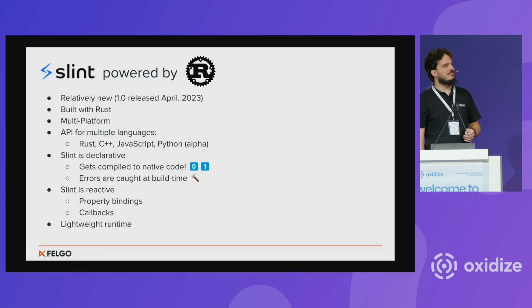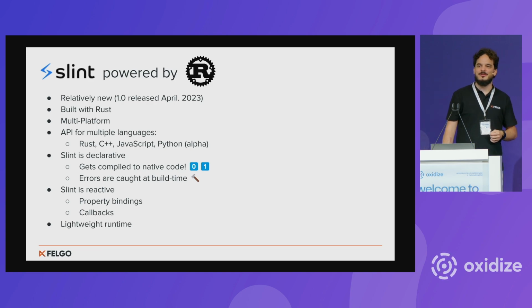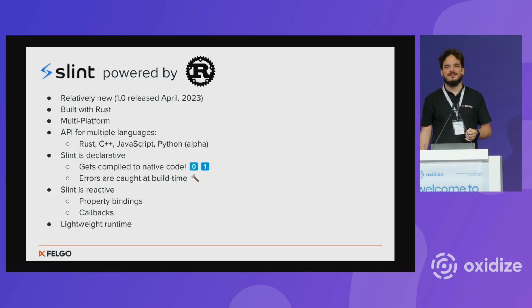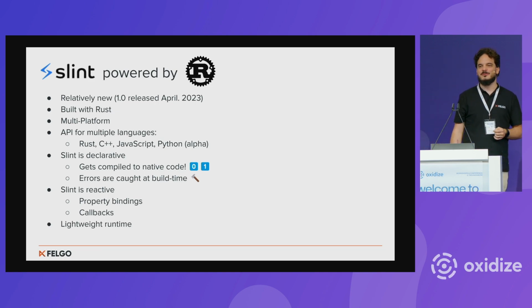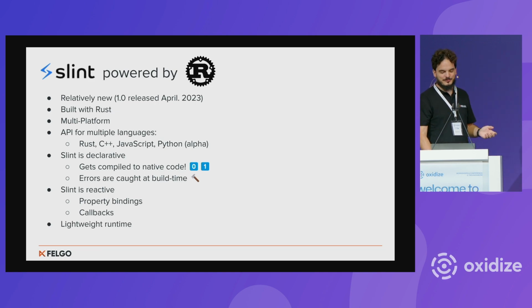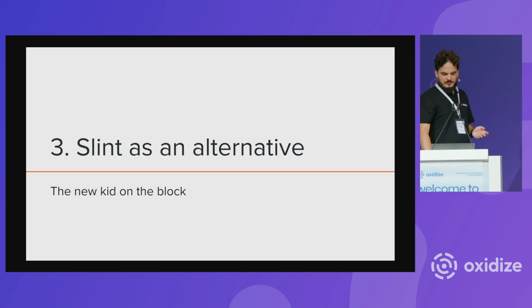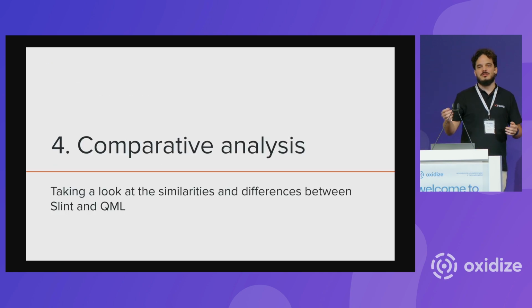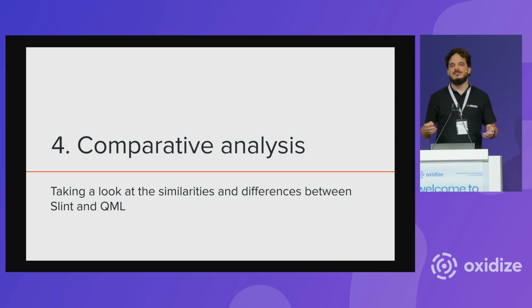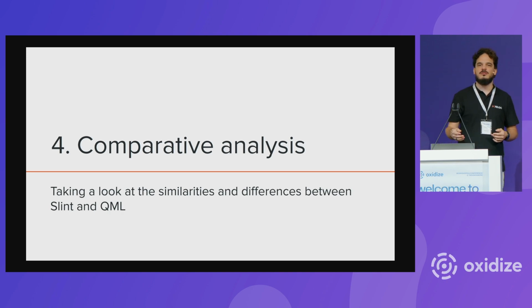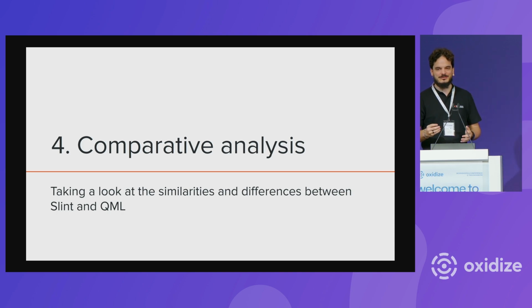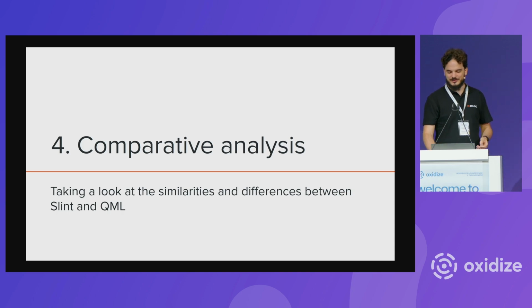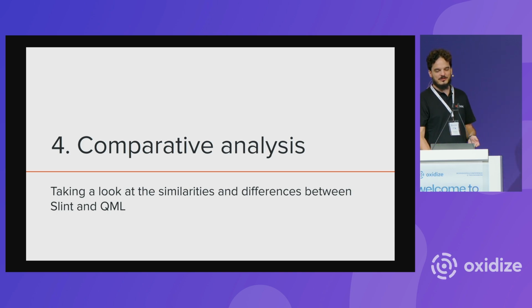And I'm happy that Oliver's presentation was before, so you already saw and know some things about Slint and how it looks, how it works. So we will compare QML and Slint a little, and see what are the major differences and similarities, and how hard it is to learn Slint coming from the QML world and knowing QML.